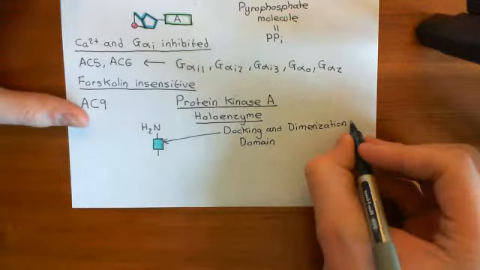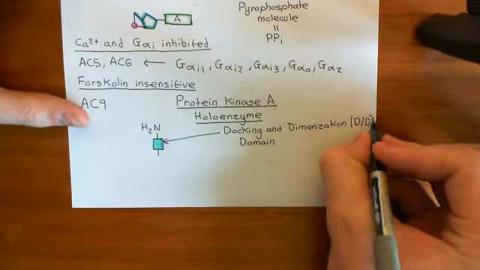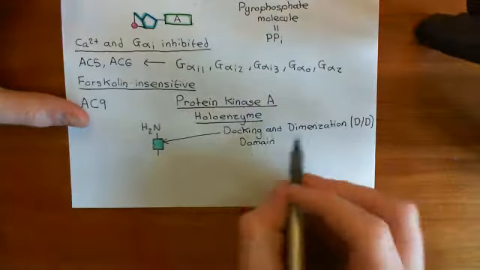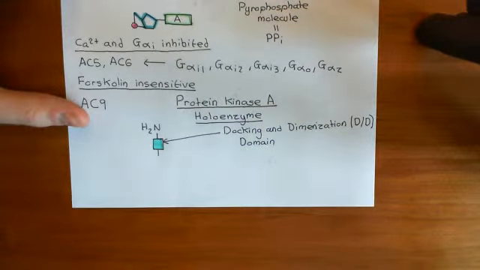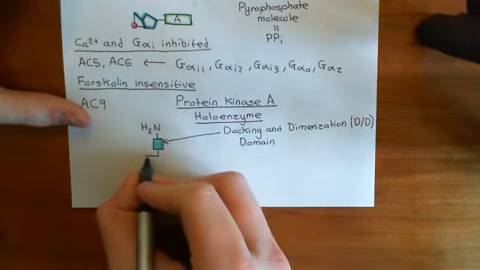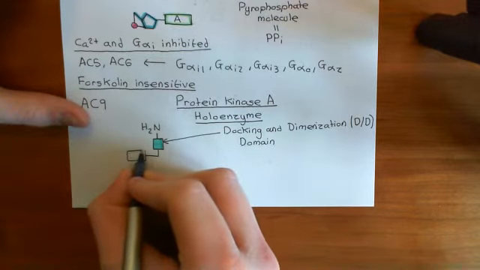The docking and dimerization domain is also called the D/D domain. D for docking, D for dimerization. Then the next bit that you have is what's known as a protein kinase A inhibitor site.